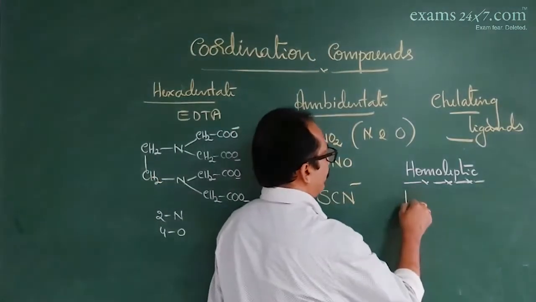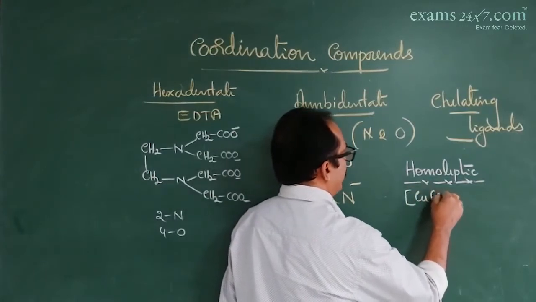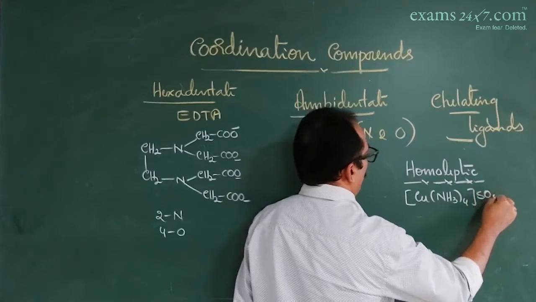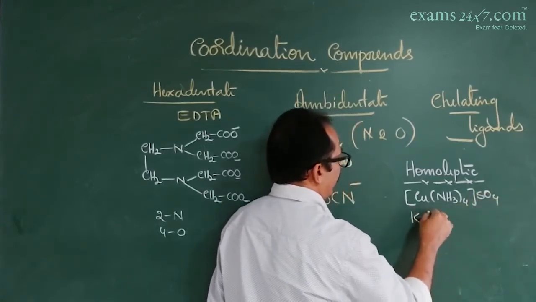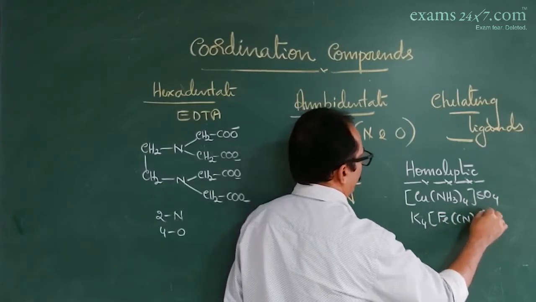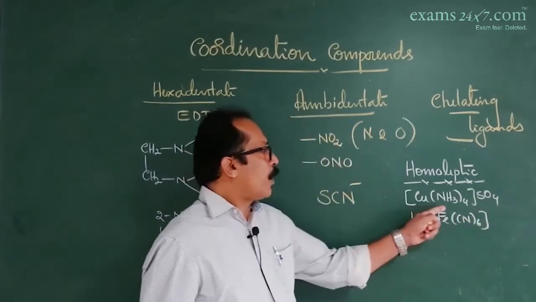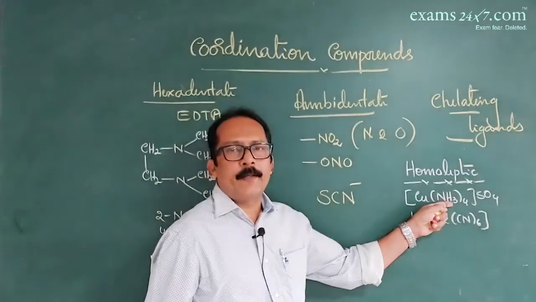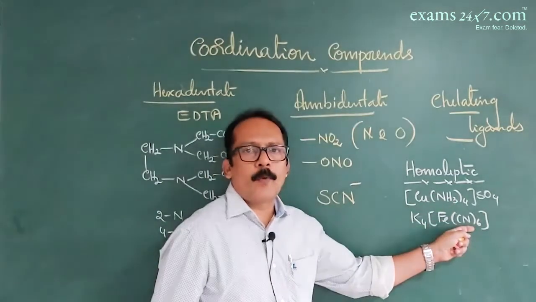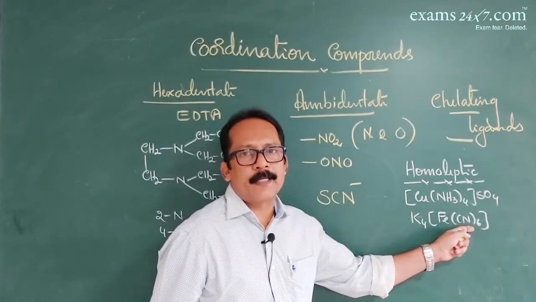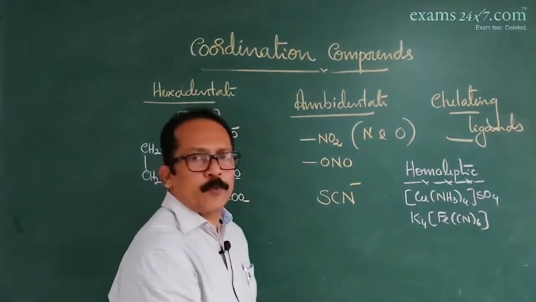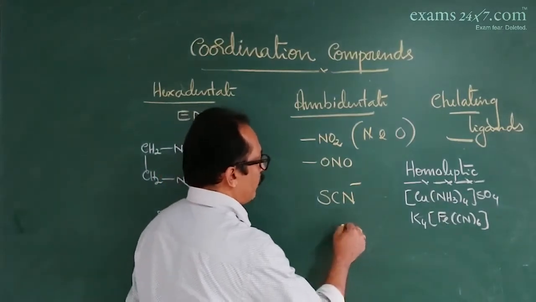For example, cuprammonium sulfate or potassium ferrocyanide. Look here, this complex is made up of only one type of ligand, that is amine. Here, this complex is made up of only one type of ligand, that is cyanide. This is called homoleptic.